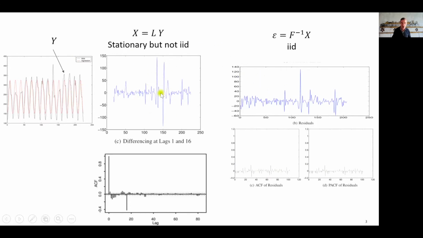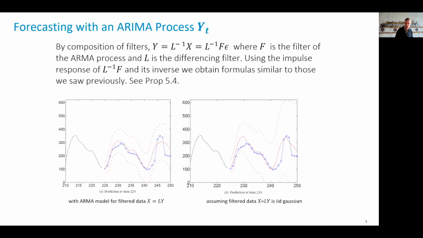The first one is to capture trend and seasonality. The other one is more statistical in nature, is to make the residuals IID. Then, using the calculus of filter that we have seen in the previous week, we're able to go from a prediction in the residual domain to a prediction in the original domain.